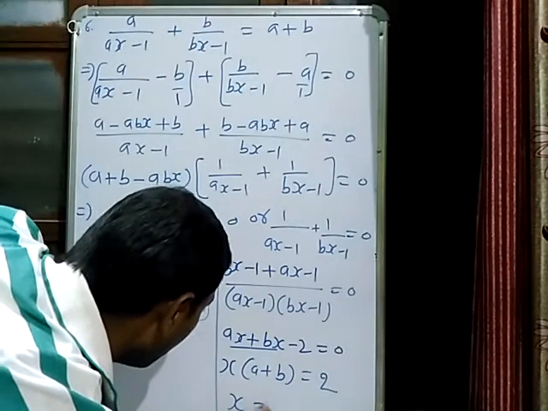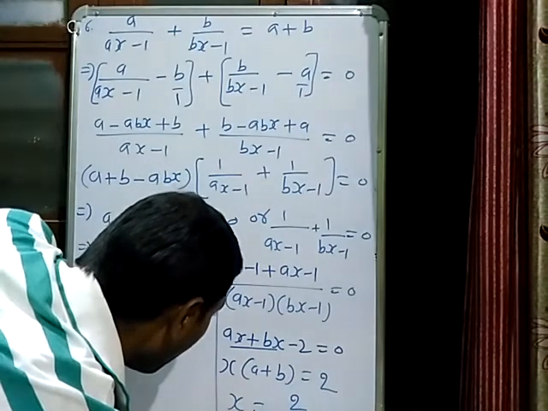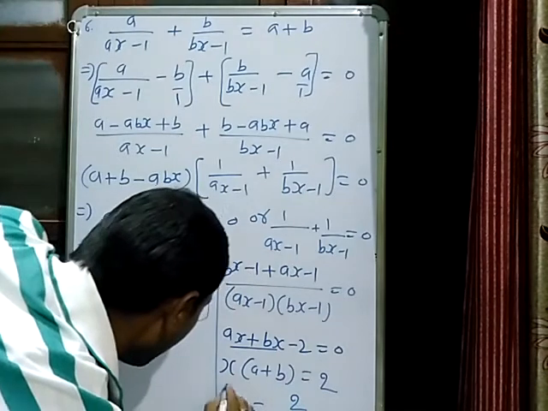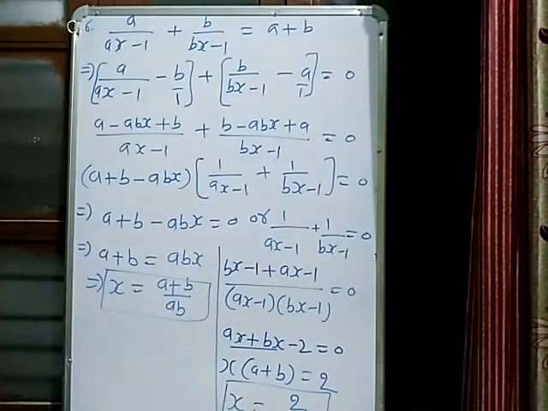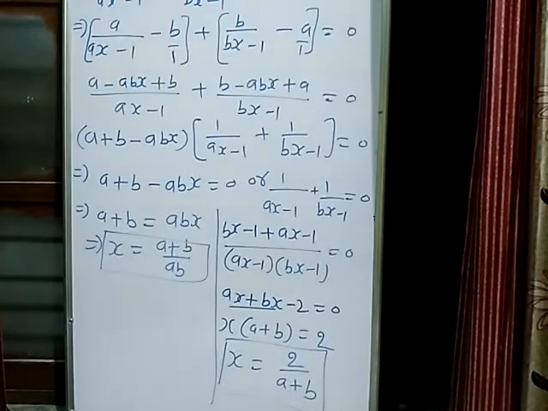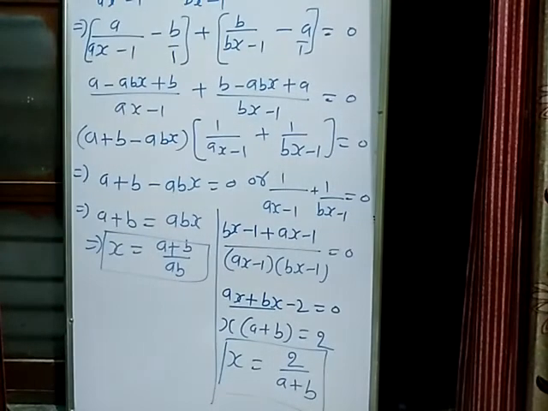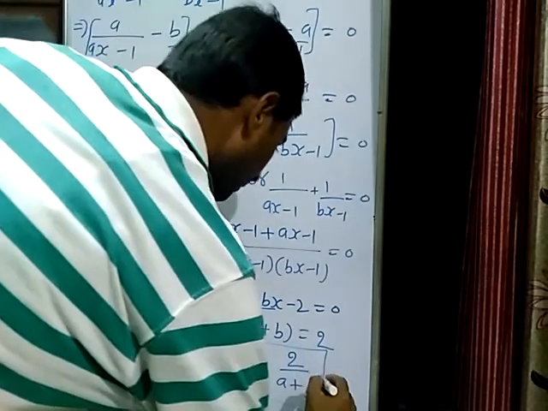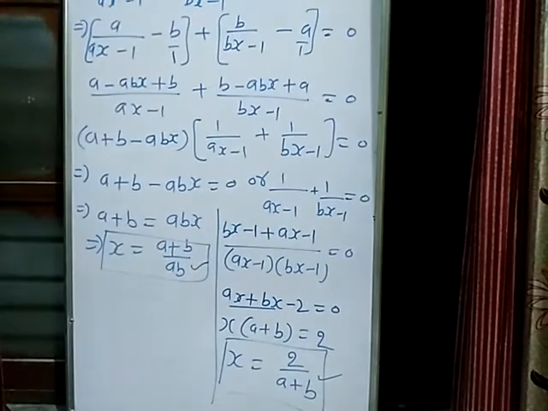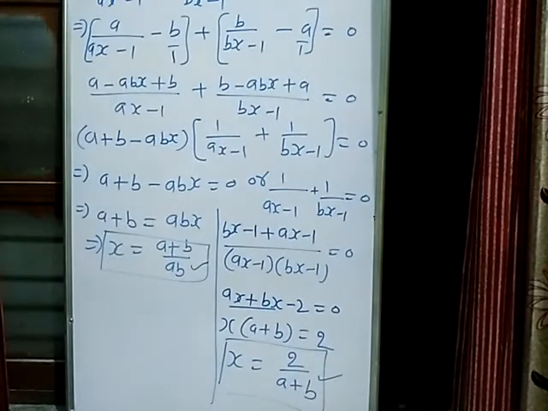Therefore x is equal to 2 upon a plus b. So the second root is 2 upon a plus b, and the first root is a plus b upon ab. So these are the roots of this question: a plus b upon ab and 2 upon a plus b.